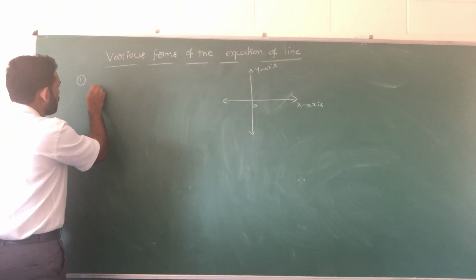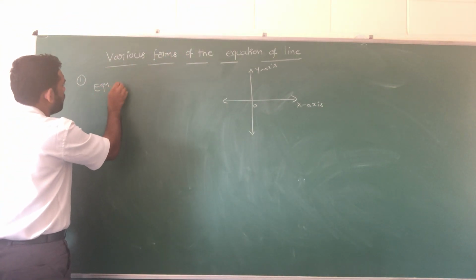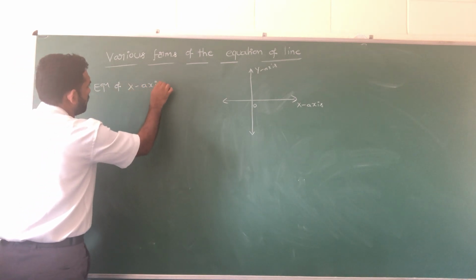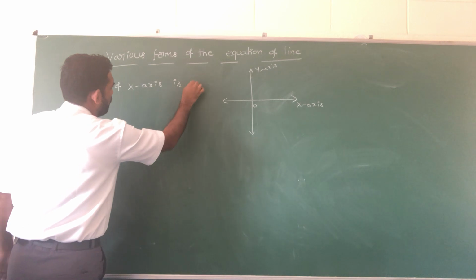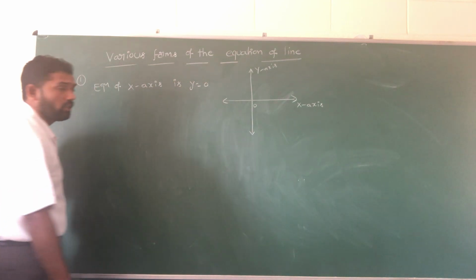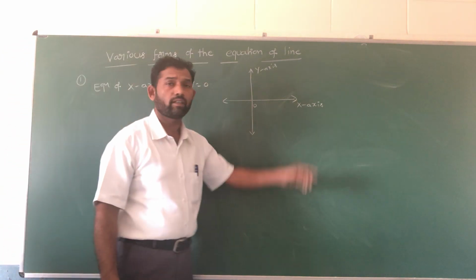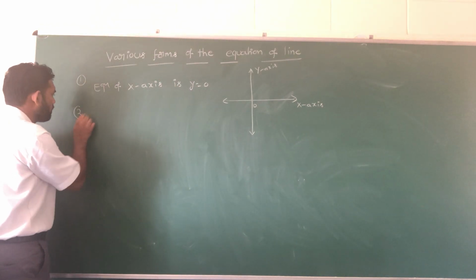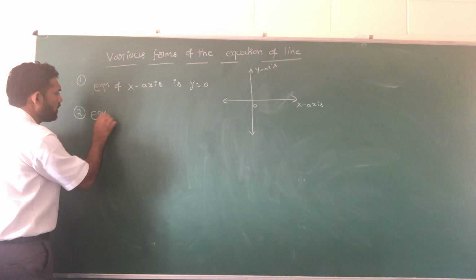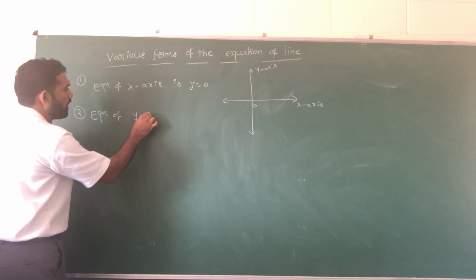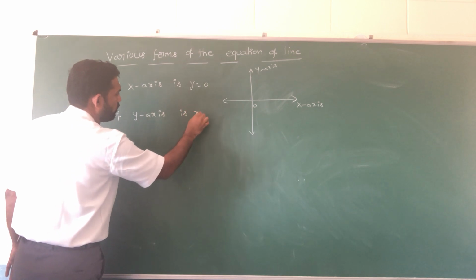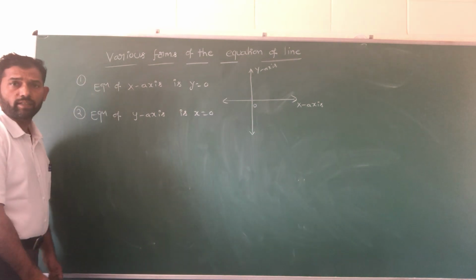First point, the equation of the x-axis is y is equal to 0. Next, second point, the equation of the y-axis is x is equal to 0.